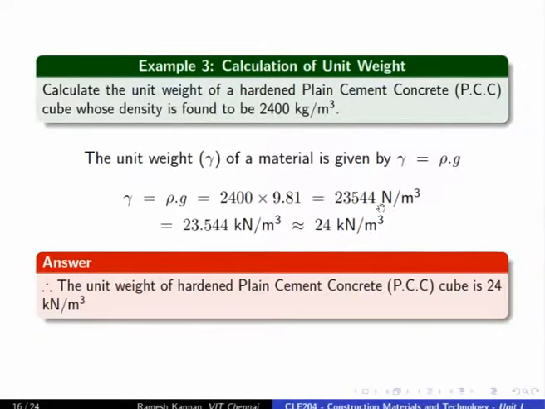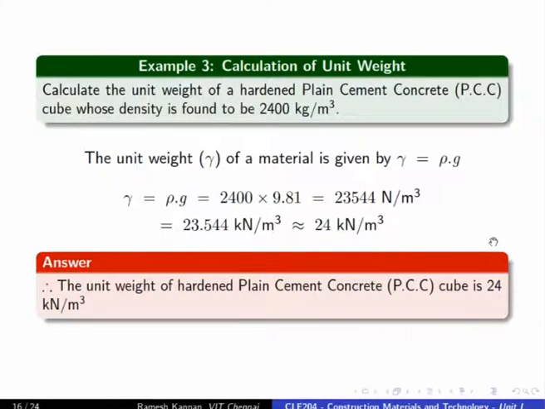We can convert that into kilonewton per meter cube by multiplying by 10 power minus 3. 10 power minus 3 will shift the decimal, and it becomes kilonewton per meter cube, and this is approximated to be 24 kilonewton per meter cube. This is the most important thing which we require during the design calculations.